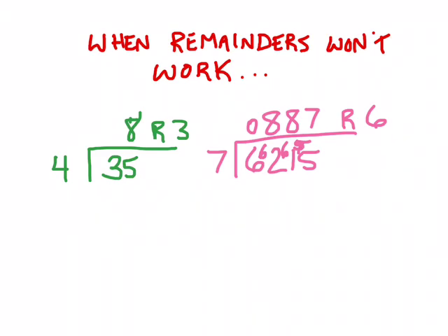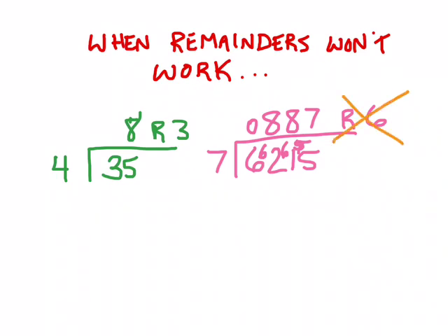In this scenario, it really doesn't make sense to say I'm traveling 887 remainder 6 miles per hour, because it actually does make sense to split that remainder up and say that every hour I traveled 887 miles and some fraction of a mile. And a remainder really isn't a fraction, so it doesn't express what I'm trying to describe here. So sometimes remainders won't work, and this is one of those times.